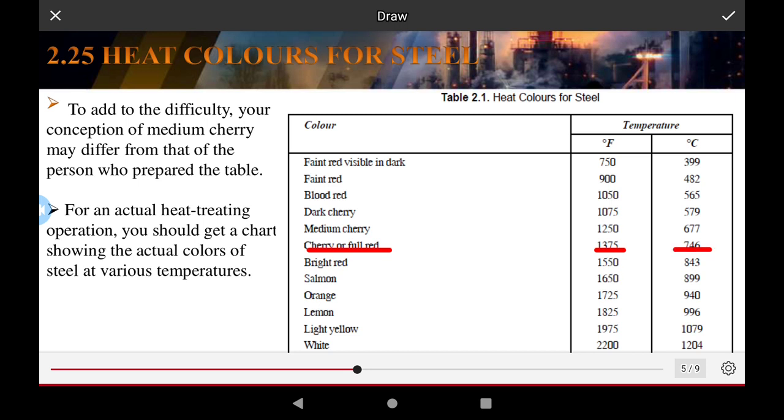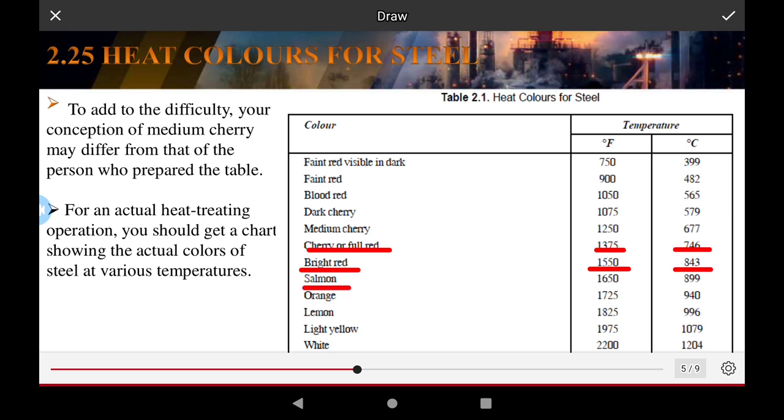Bright red is 1550 degrees Fahrenheit, or 843 degrees Celsius.